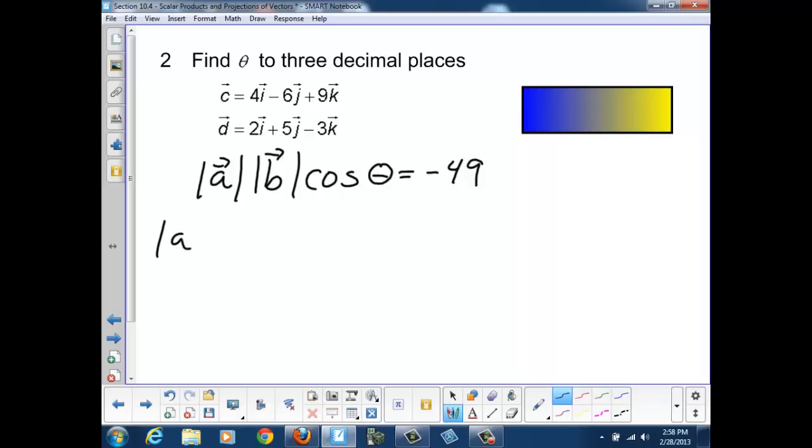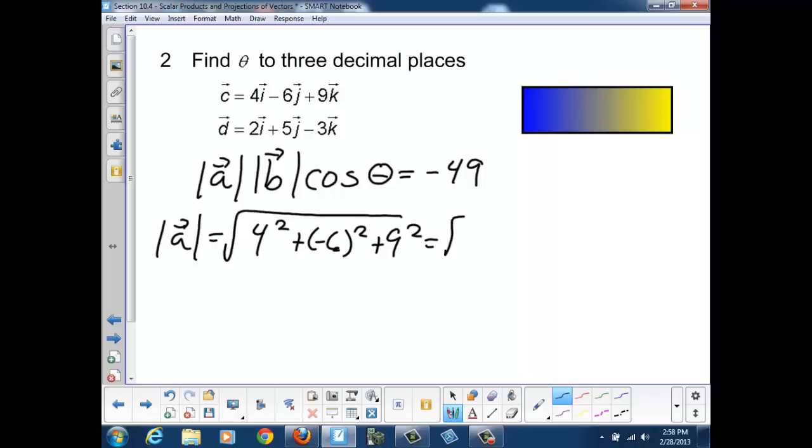The magnitude is going to be equal to the square root of the sum of the squares of the components. So 4 squared plus negative 6 squared plus 9 squared, which is going to be the square root of 16 plus 36 plus 81. So that's 52 plus 81. So 133 square rooted.